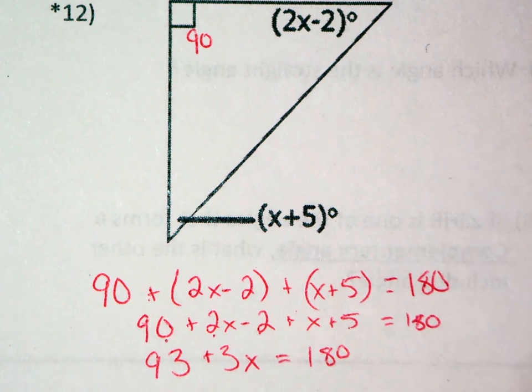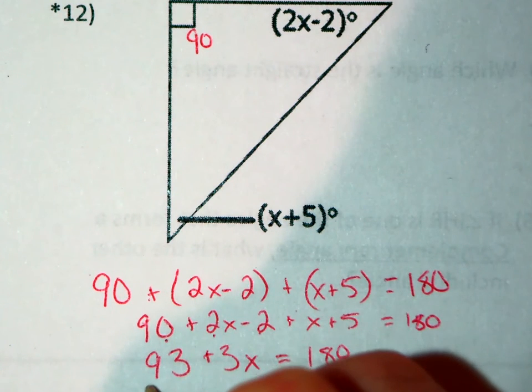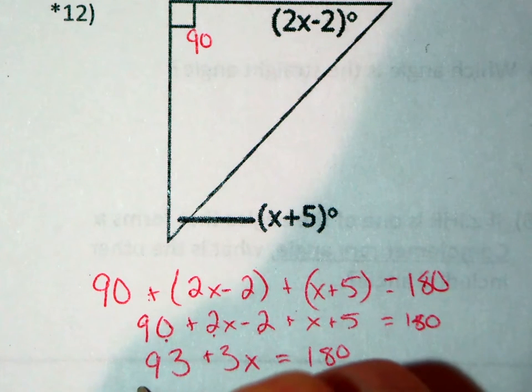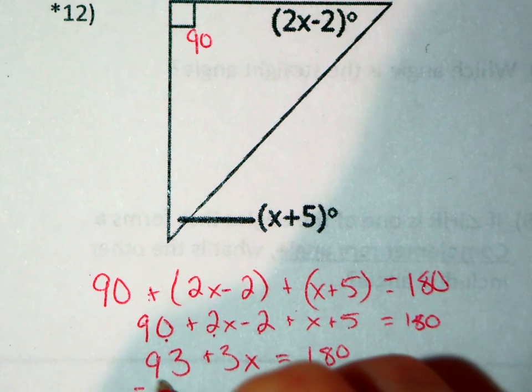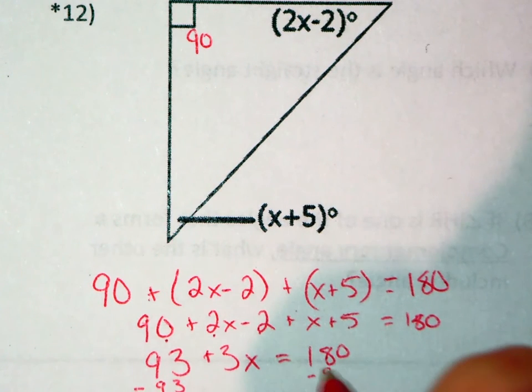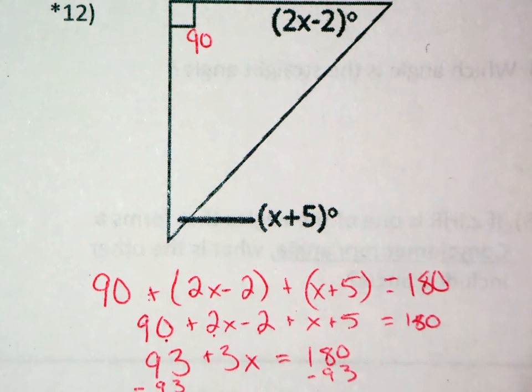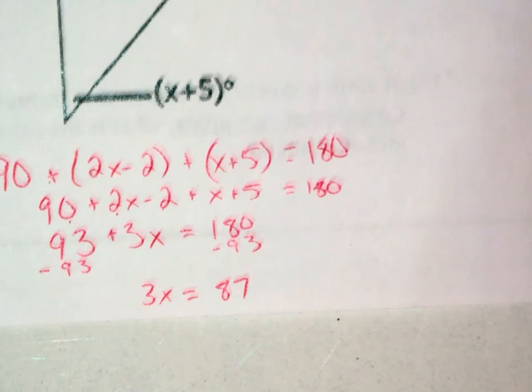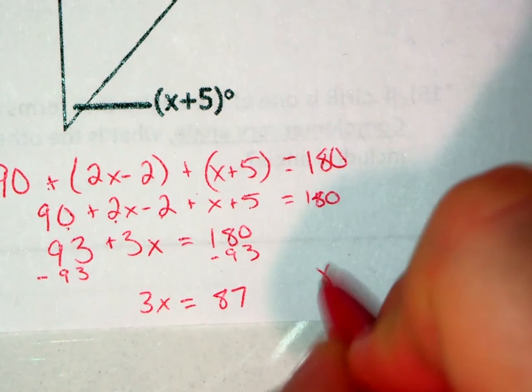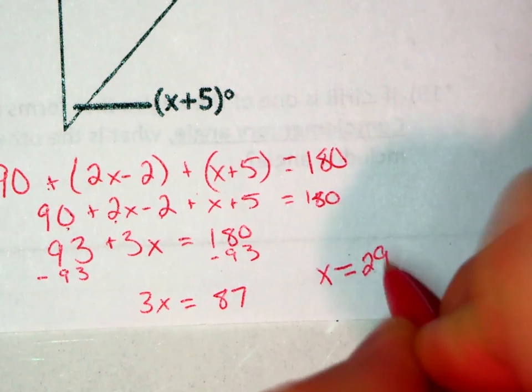My next step would be to subtract 93 from both sides, which would leave me with 87 equals 3x. When I divide both sides by 3, I end up with x equaling 29.